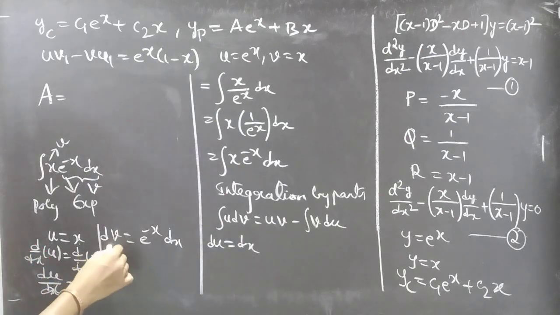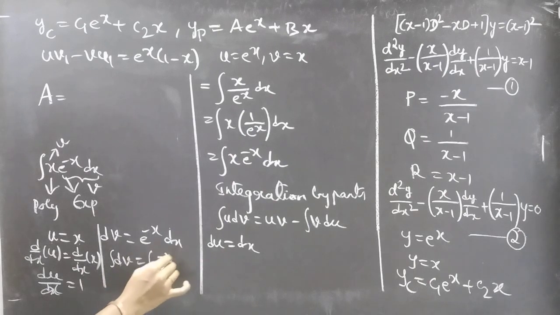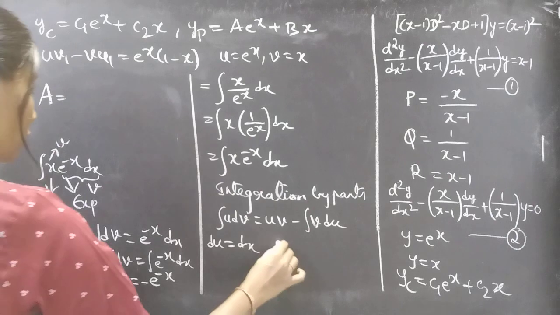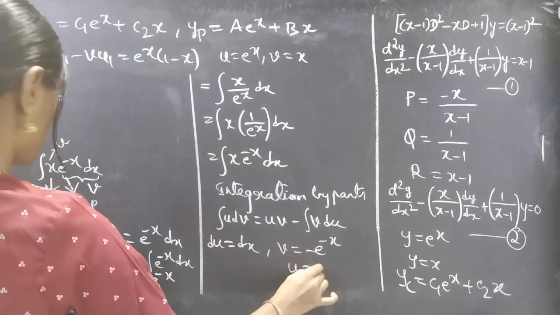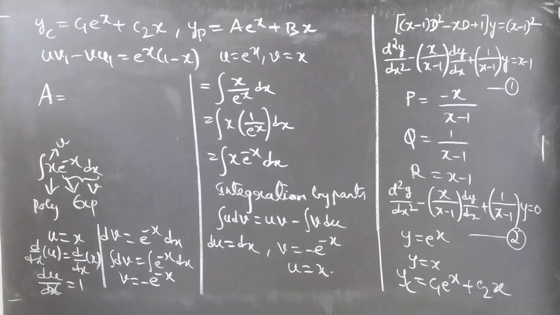Okay, now integrate on both sides. We'll get v equal to e power minus x by minus 1, which is minus e power minus x. So v equals minus e power minus x and u is x, right?